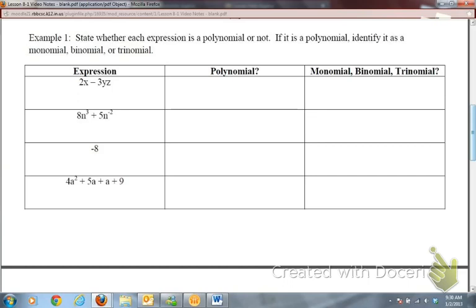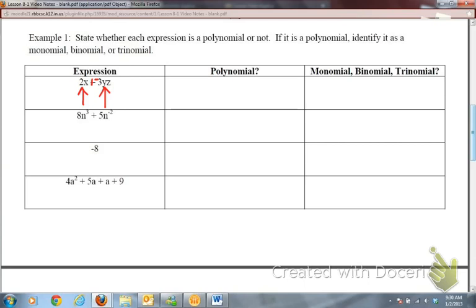So let's look at the first one. We have 2x minus 3yz. Let's see, 2x is a monomial, and 3yz is also a monomial. So this is technically a difference of two monomials, and we talked about how that's okay. It could be a sum or a difference, because subtracting is the same as adding the opposite, so then it would be a sum.